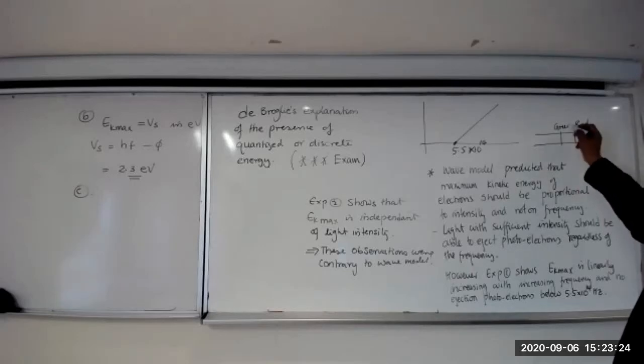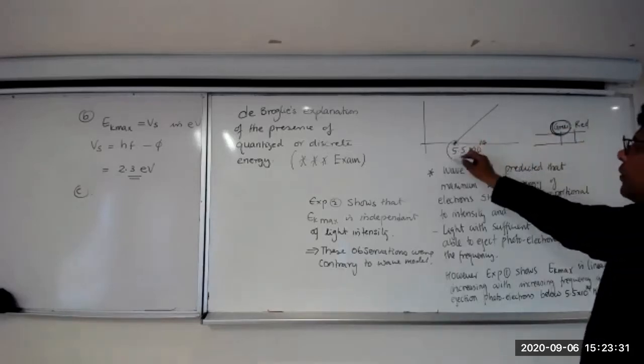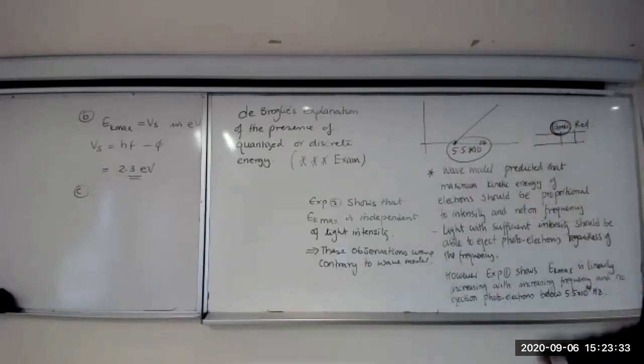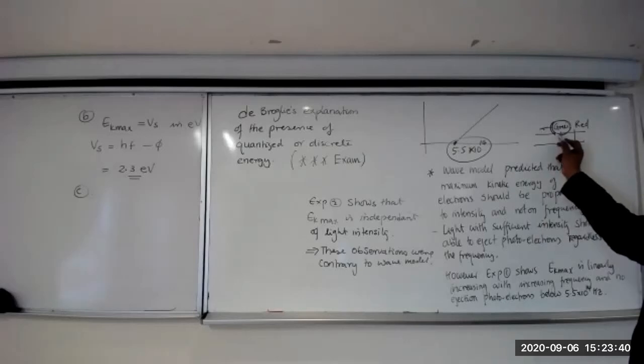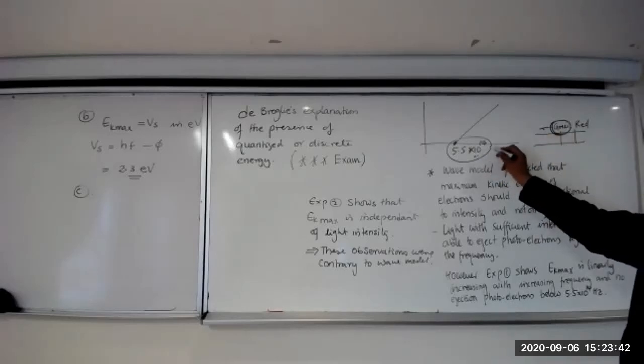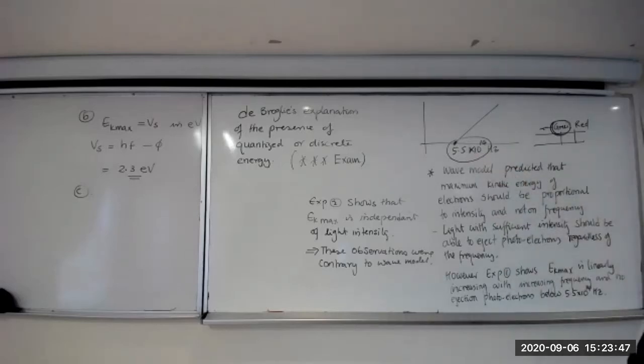If you look at the frequency of the green light, you can compare it with the threshold frequency. Since they're giving green, check the frequency. I think they're purposely giving a frequency that matches the threshold frequency. Then obviously the red can't produce any photoelectrons because the wavelength of the red is longer.